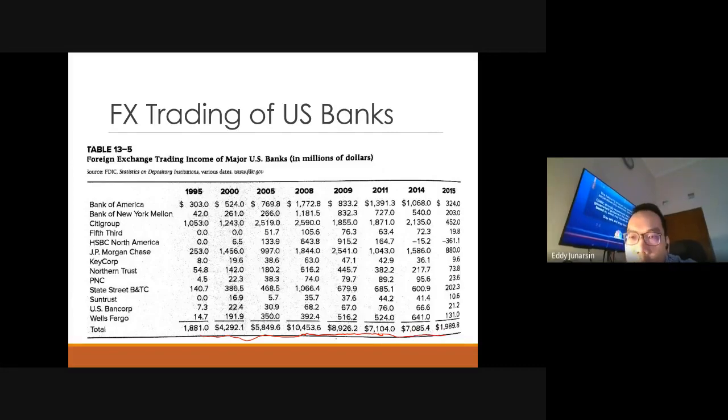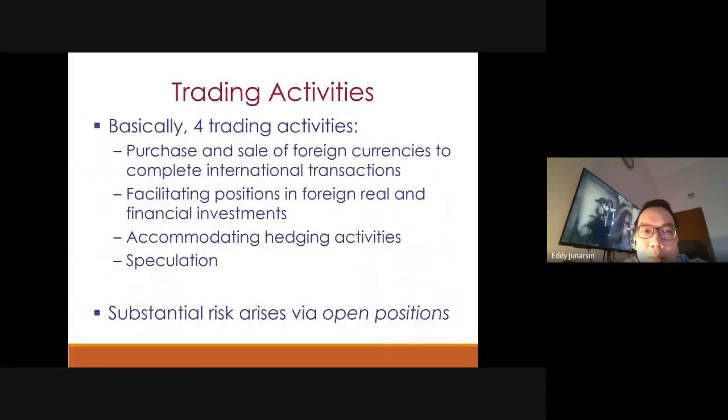Of course, 2015 is not the full year because of the making of the statistics at that time. So it would be maybe around the same or a bit higher, but we're seeing that after the banking crisis, the trading income has been steady, so it has not increased nor decreased significantly.